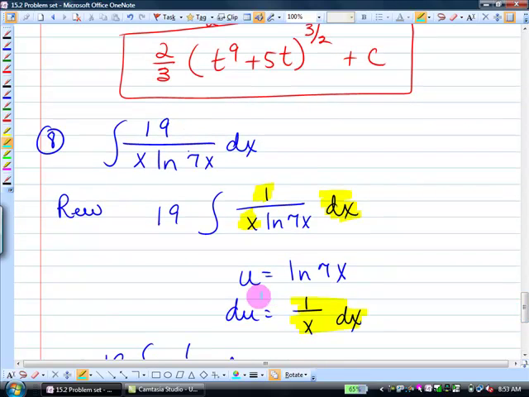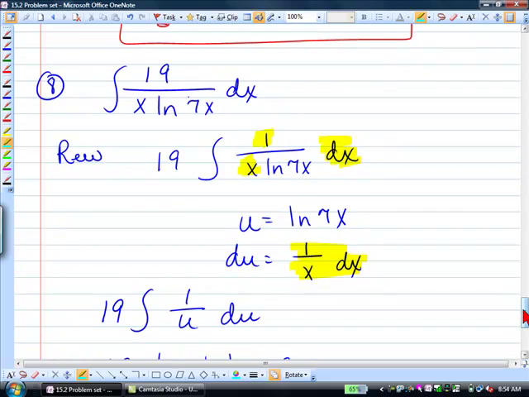So if you let u be ln 7x, then du is 1 over x dx. Because it's actually 1 over 7x times 7, which ultimately becomes this. So we have 1 over x dx. So we're all taken care of.